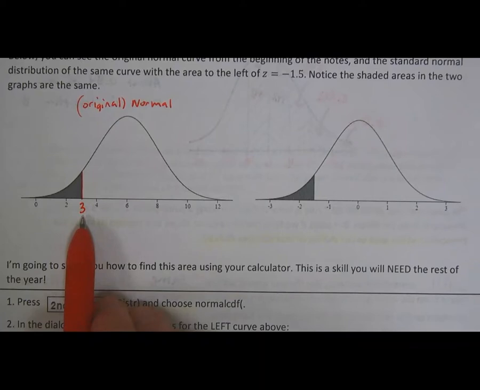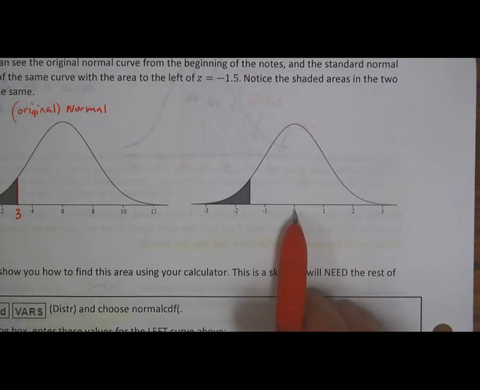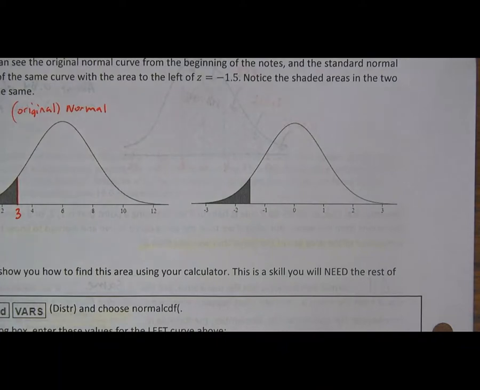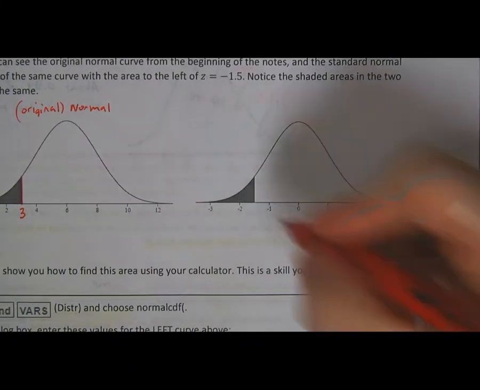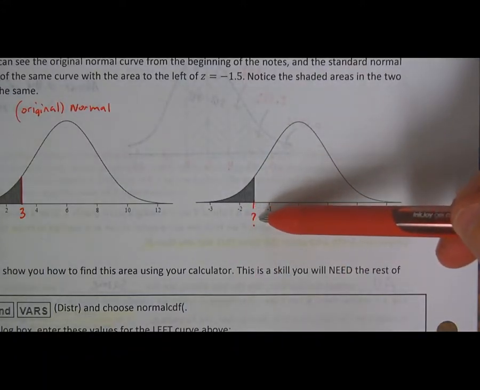Well, the really cool thing is, even after we standardized and we found the middle was 0 and then we're counting by 1s, I want you to notice that that shaded region is the exact same. I want us to figure out what number that is right there.